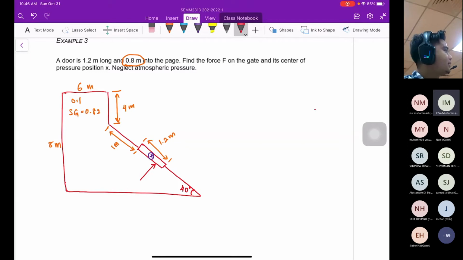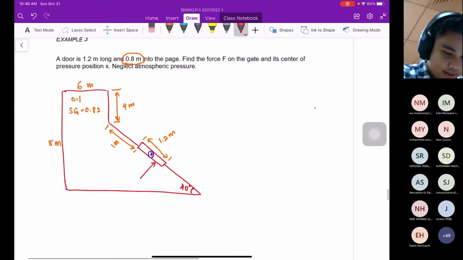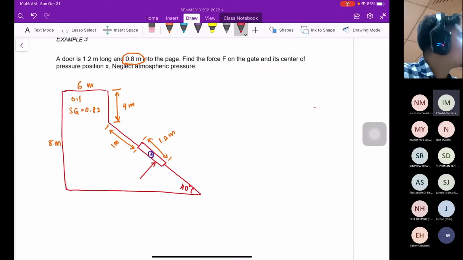Teknik lepas pukul 11 baru dia akan pergi semua dekat physical. Oh, bagus kelas. Okay. Sorry ya. Ada physical check tak ada? Tak ada lagi. Semua kat atas.